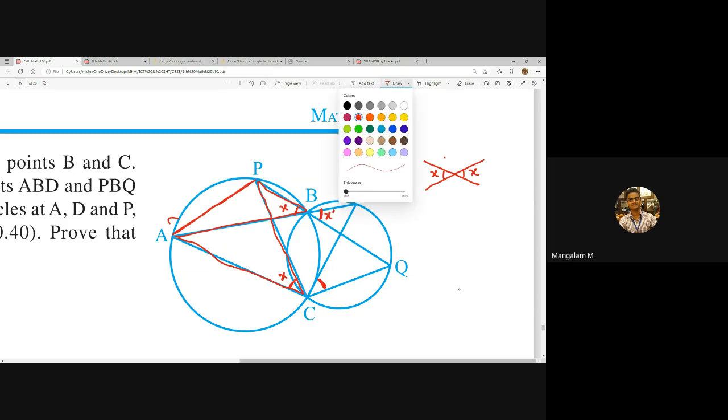Now in the circle on the right side, you can see that DQ is a line segment, right? From this line segment, an angle DBQ is formed, and from the same line segment you can see an angle DCQ is formed.